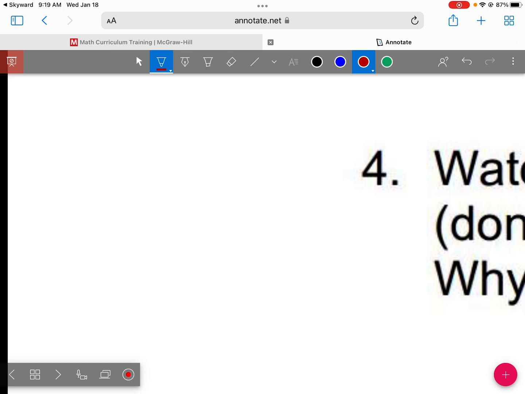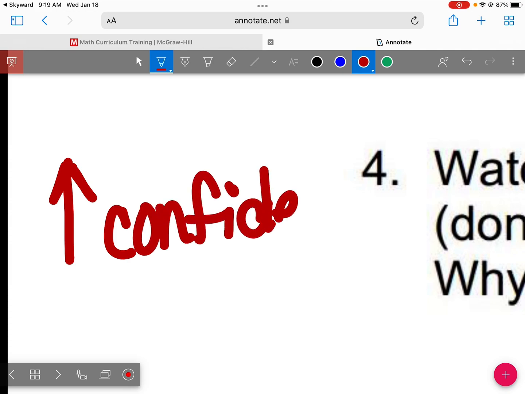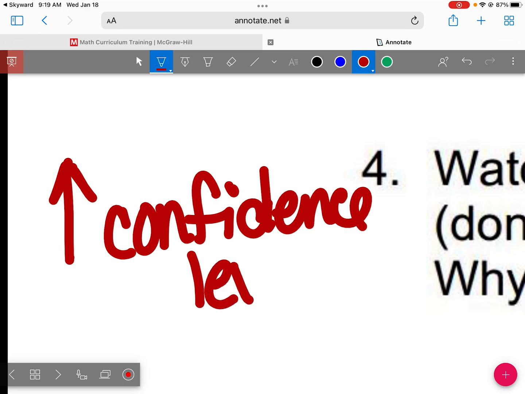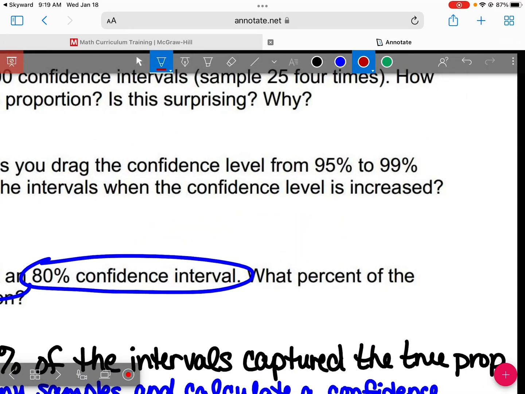When my confidence level goes up, I want you to put this alongside whatever you wrote down on number 4. When our confidence level increases, when we took it from 95 to 99%, what did you tell me happened to the intervals? It got wider. What were we doing yesterday to construct those intervals? We found our point estimate, that was our p-hat.